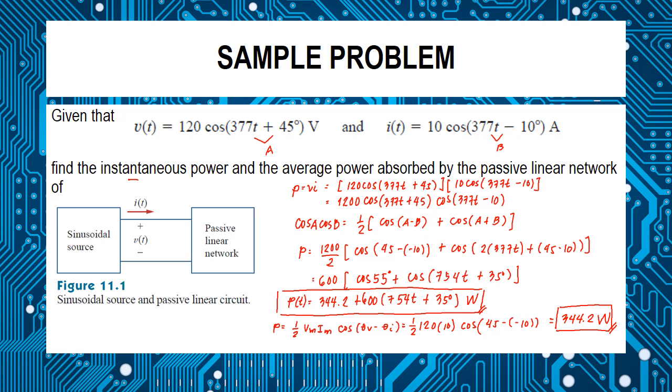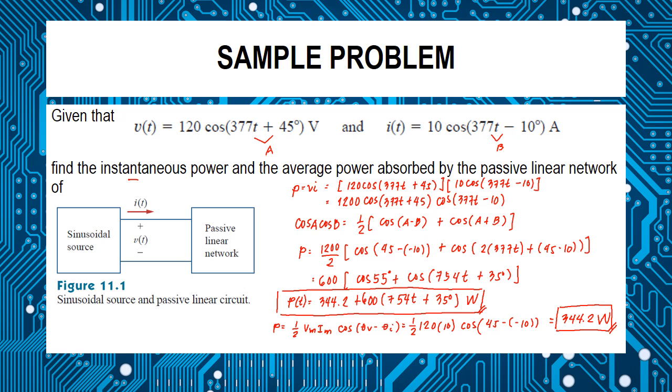So this is our instantaneous power. Remember, in instantaneous power, we have t in our final answer, because instantaneous power is the power at a given instant of time.